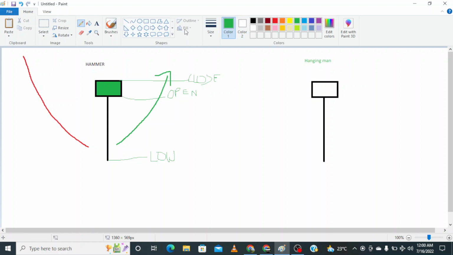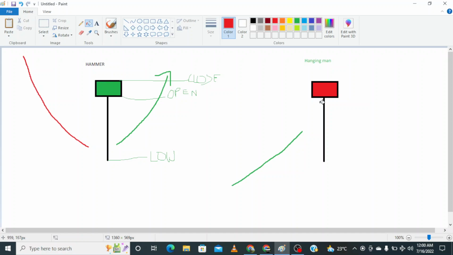Now on the other side, let's say the price is rising continuously, it's a bull market, and you see something of this sort. Again, the color here does not matter, it can be anything.